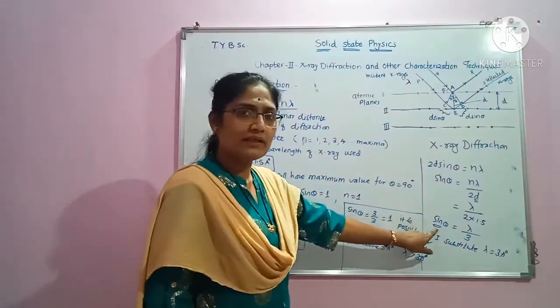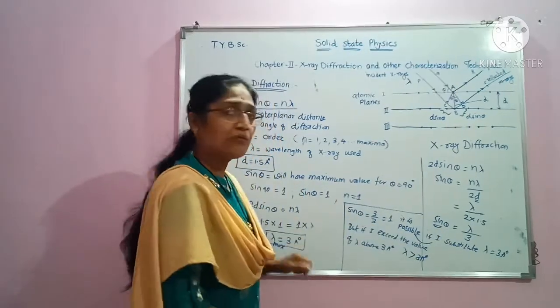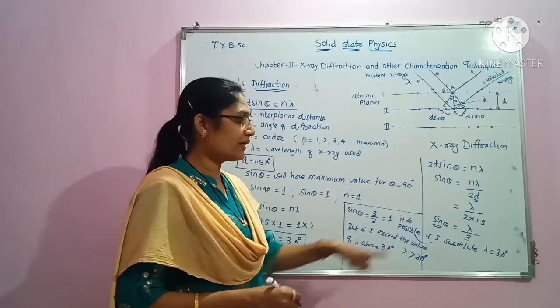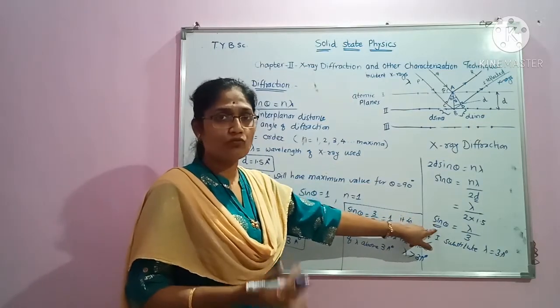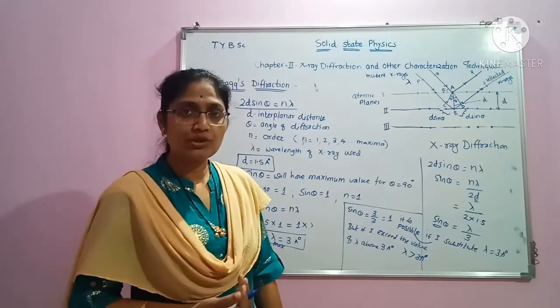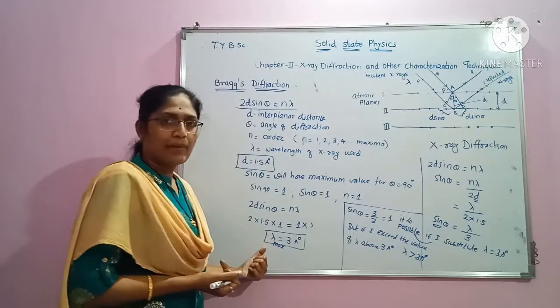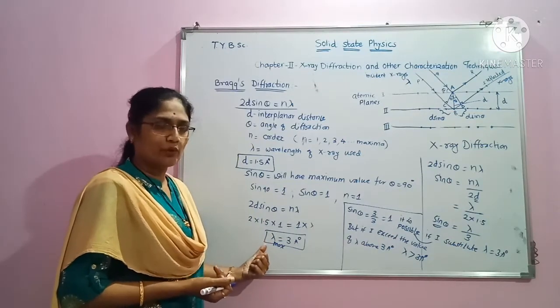Then the sin theta value will become greater than 1, which is not possible. Sin theta becomes greater than 1, and it is not possible, and hence there is a limitation on the lambda value, and that is called the maximum wavelength possible.